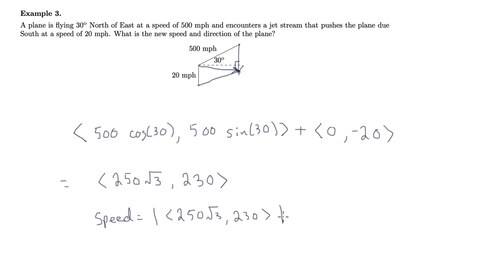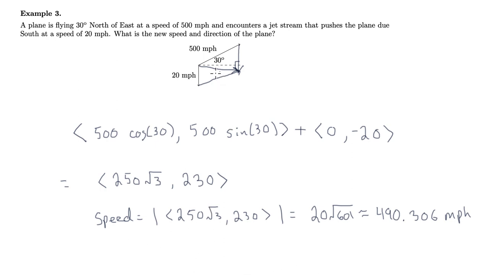Which we can just throw in our calculator, which is 20 times the square root of 601, which, well, that's approximately 490.306 miles per hour.